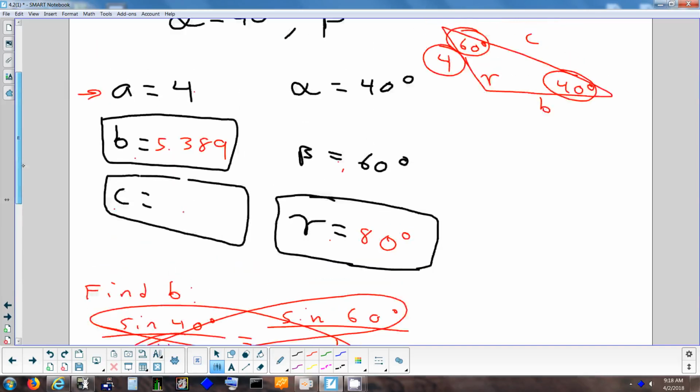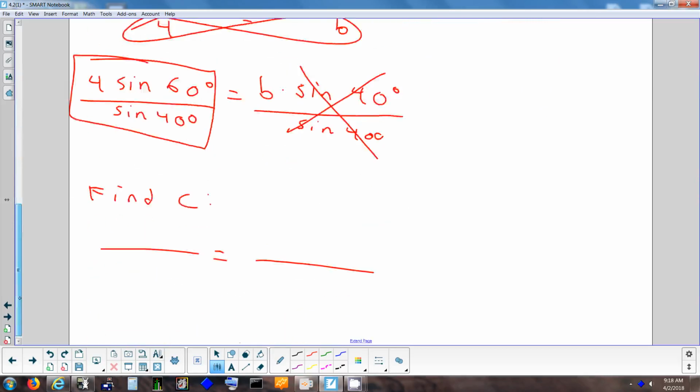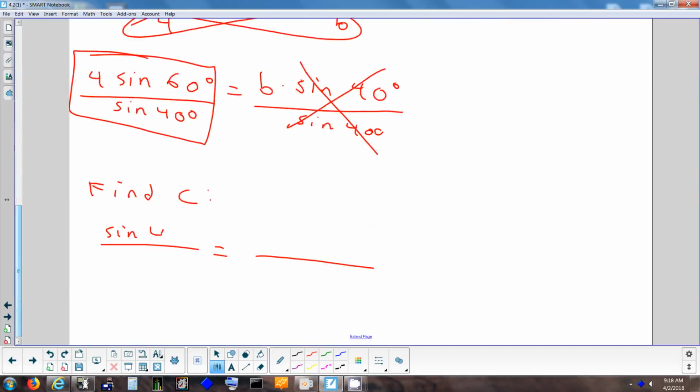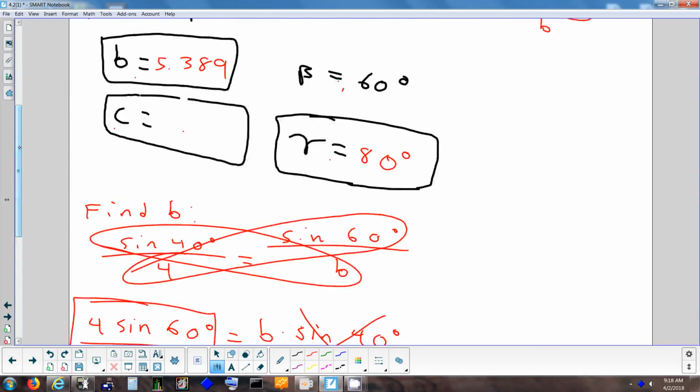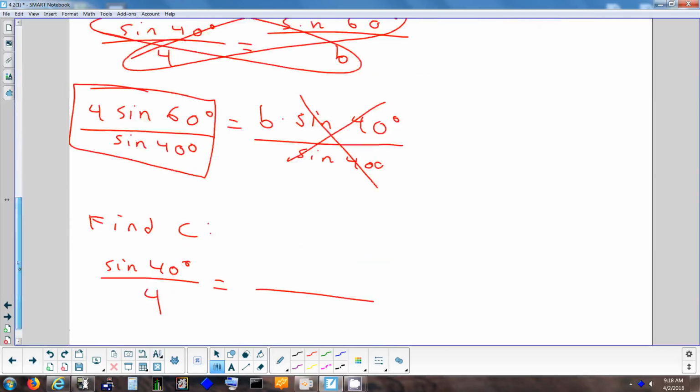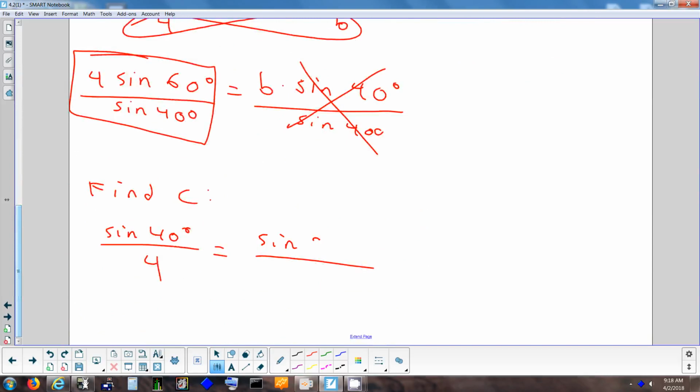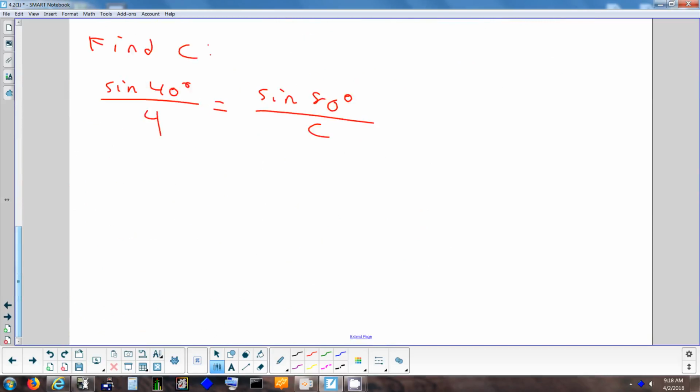So we're going to set it up the same way. Sine 40 over 4 equals, and this time we're going to use sine gamma over C. Sine 80 over C. Now, after you do a lot of these, the cross multiplying gets pretty routine. So if you want to jump right to this step, that's fine.